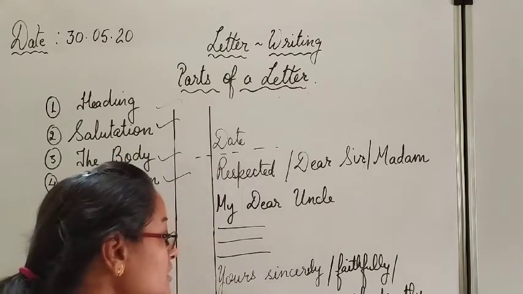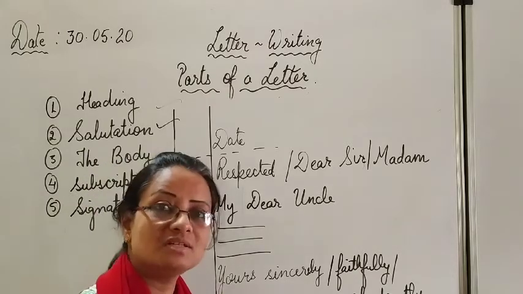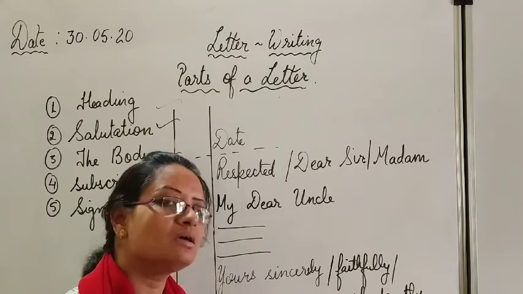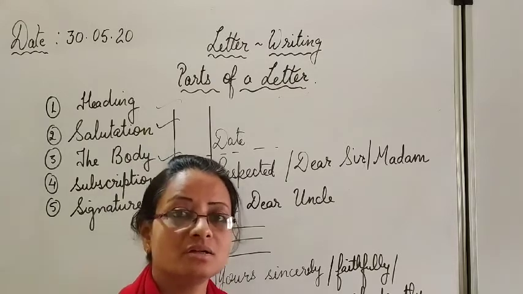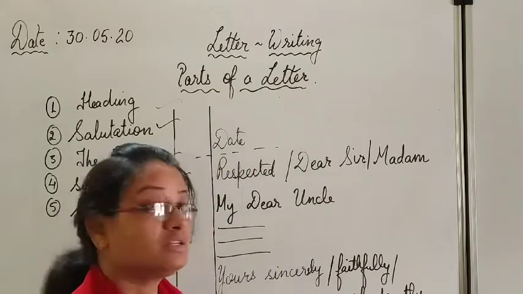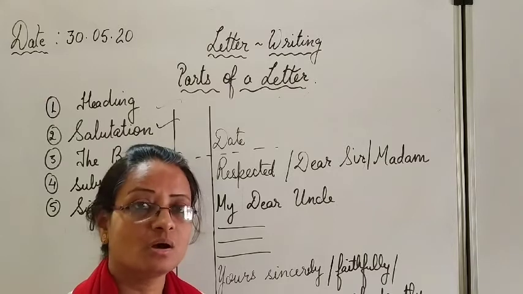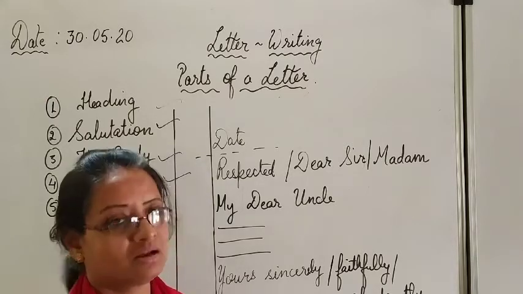In case of informal letters, in a letter to your parents, your loving son, your loving daughter. If you are writing to your uncle or aunt, your loving niece, your loving nephew. If you are writing to your friends, you will write your loving friend or simply yours loving.